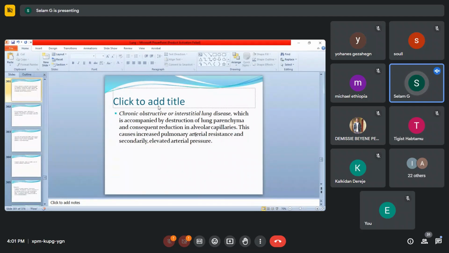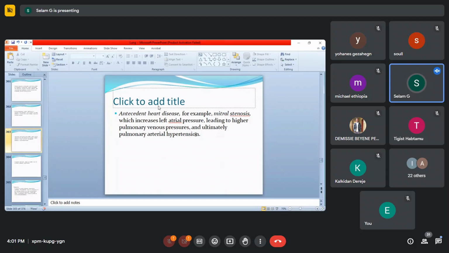Chronic obstructive or interstitial lung disease is accompanied by destruction of lung parenchyma and consequent reduction in alveolar capillaries, which causes an increase in pulmonary arterial resistance and secondarily elevated arterial pressure. Recurrent pulmonary embolism leads to a reduction in the functional cross-sectional area of the pulmonary vascular bed, in turn leading to increased vascular resistance.